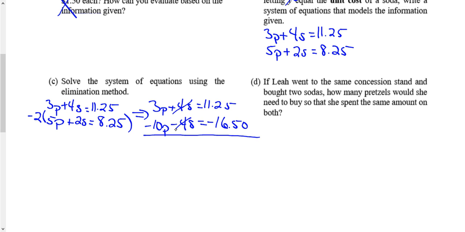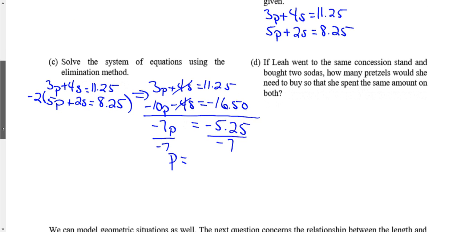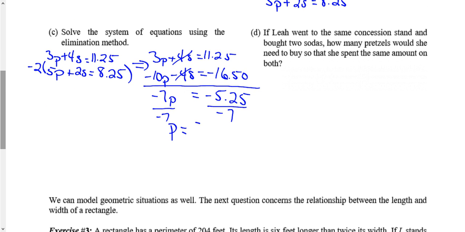And what do we get? -7P equals 11.25 minus 16.50, which is -5.25. So P equals -5.25 divided by -7. What do pretzels cost? 75 cents. So the pretzels cost 75 cents.